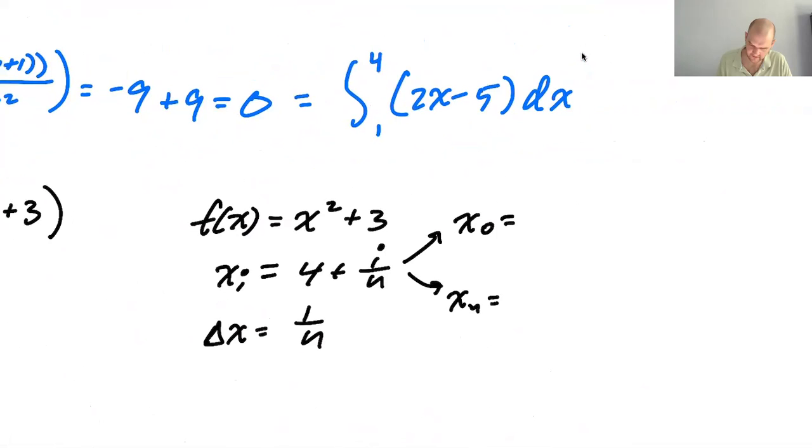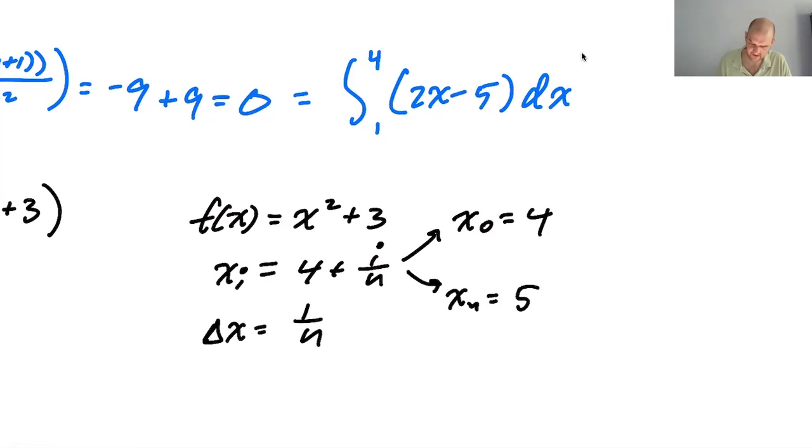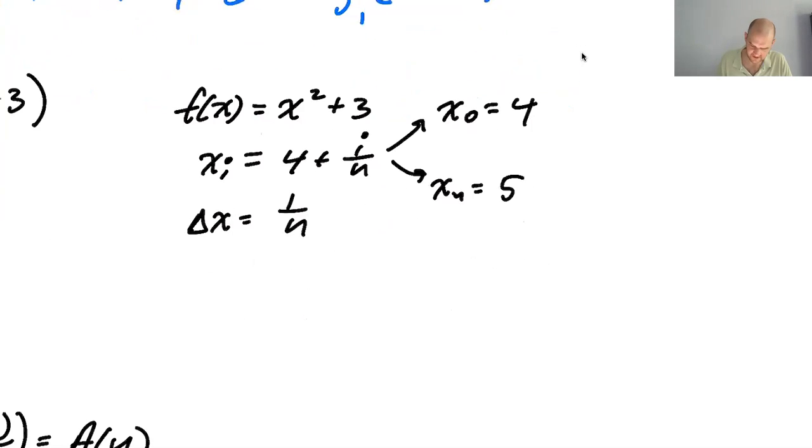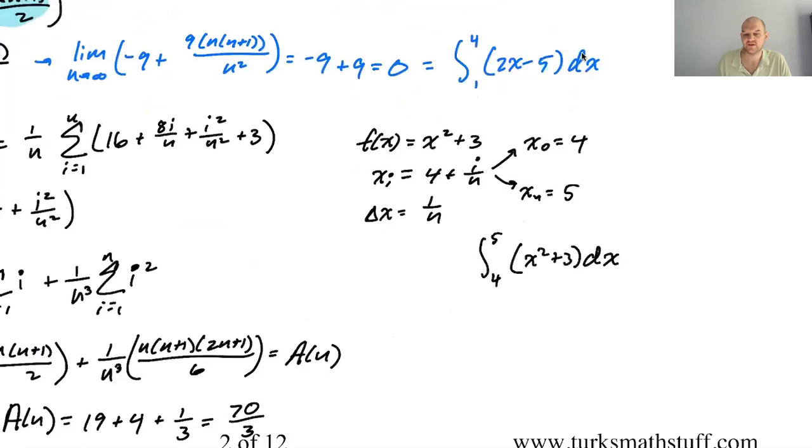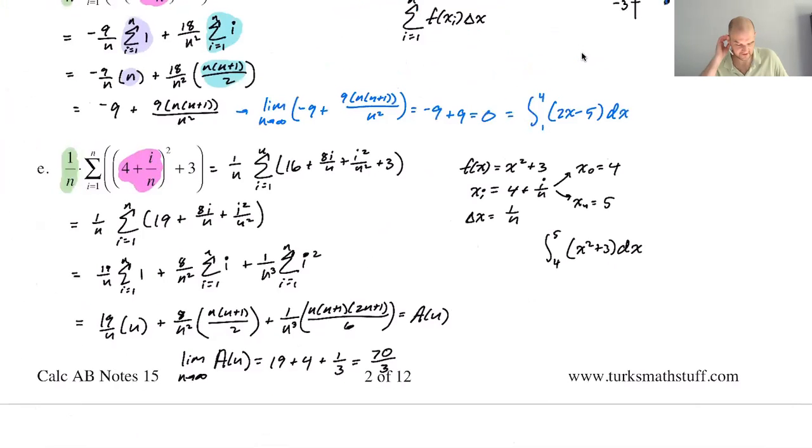So x0 is 4 plus 0 over n, so 4. xn is 4 plus n over n, so 4 plus 1 is 5. So I think that this thing we just found is the integral from 4 to 5 of x squared plus 3 dx. So what I'm going to do on my calculator is find that integral and see if it's 70 over 3.